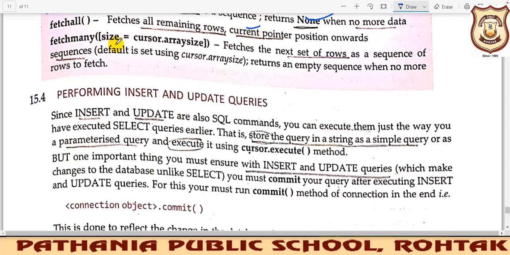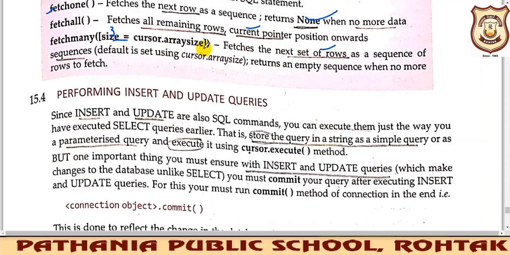Fetch many will help you fetch many records together. You will define the size, the number of rows, and it will fetch that many rows. If you write 3, it will fetch 3 records from the current position.